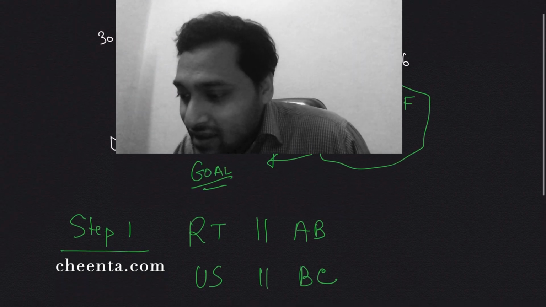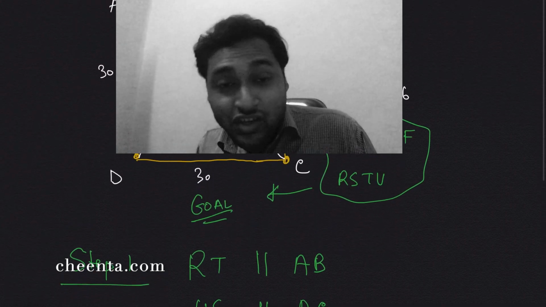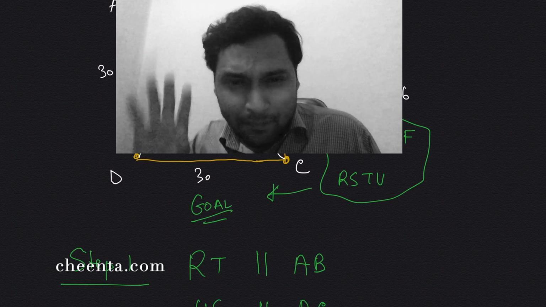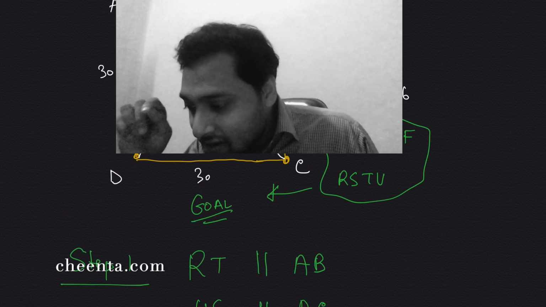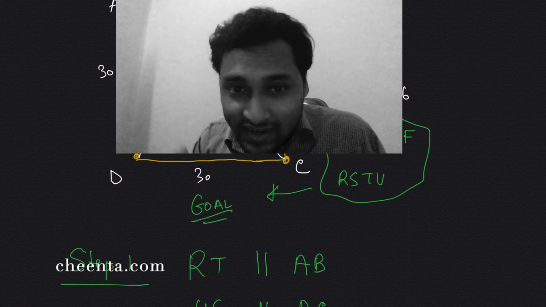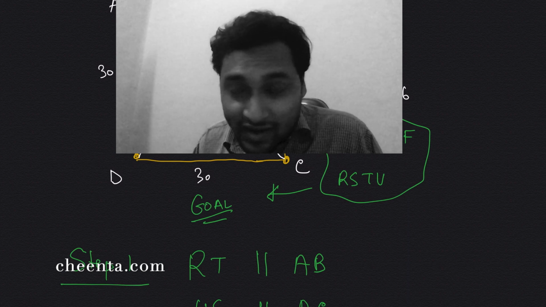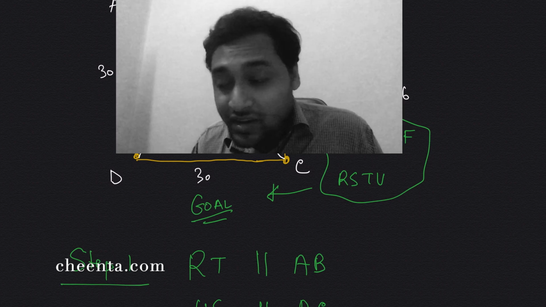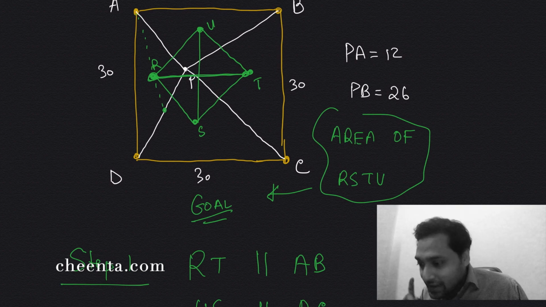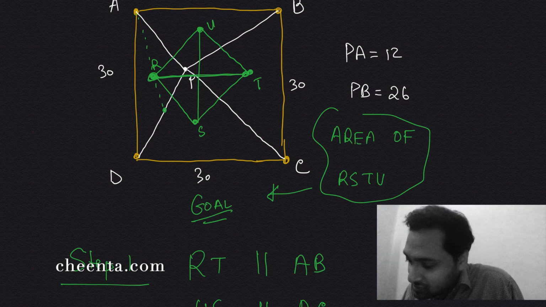And then I can use this information to find out the area of the quadrilateral. That part is actually very easy. You can figure out the length of RT and US and you can use that information to find out the area of the quadrilateral.